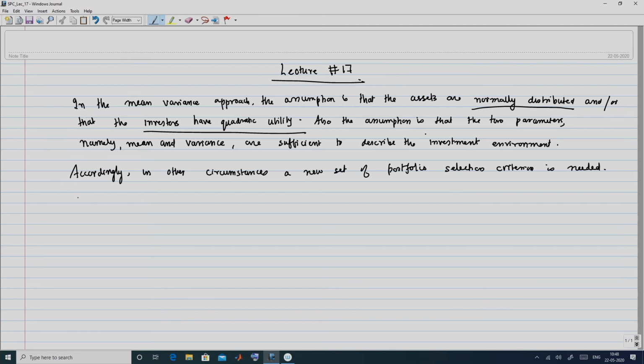Some of these include, for example, a geometric mean return, which we will discuss in today's class.